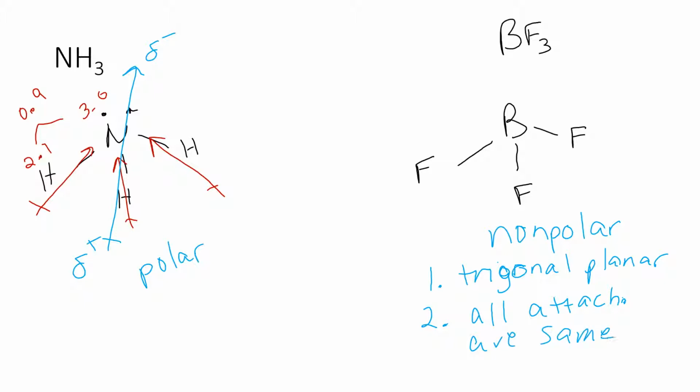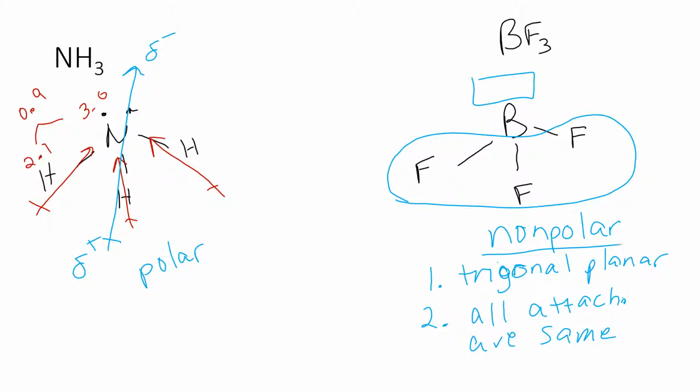And because they're all the same, they all cancel each other out. There is no lone pair of electrons here to do anything, to boost anything. When you have a trigonal planar shape, meaning no lone pairs on the central atom, and all the attachments are the same, it is always and forever nonpolar. Memorize that and move on.